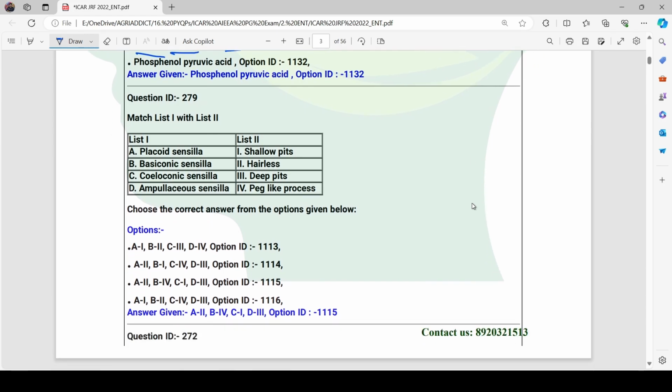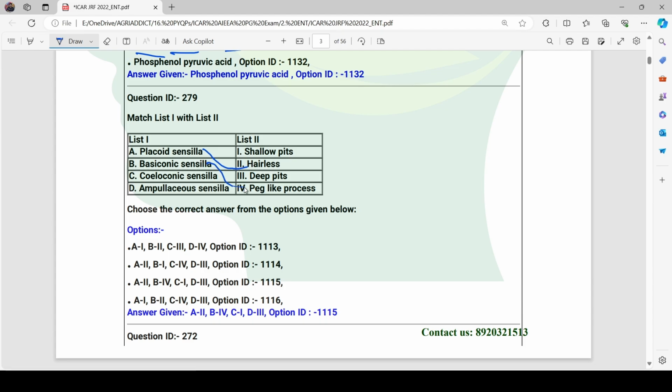So the next question is a match type of question. In list 1 there are some sort of antennal sensilla: the first one is the placoid sensilla, then basiconic sensilla, then coeloconic sensilla, and ampullaceous sensilla. And in list 2 the types are shallow pits, hairless, deep pits, and peg like process. So placoid sensilla is hairless, A2.